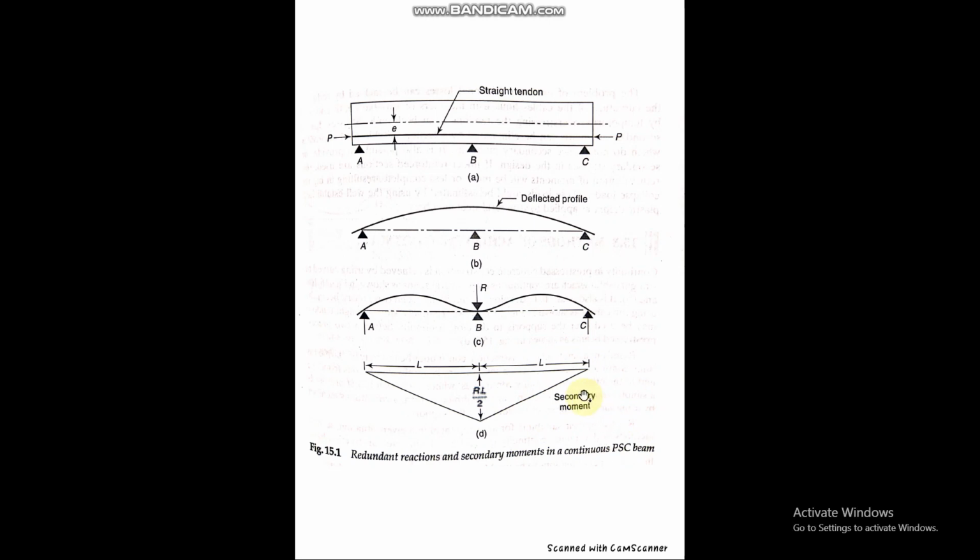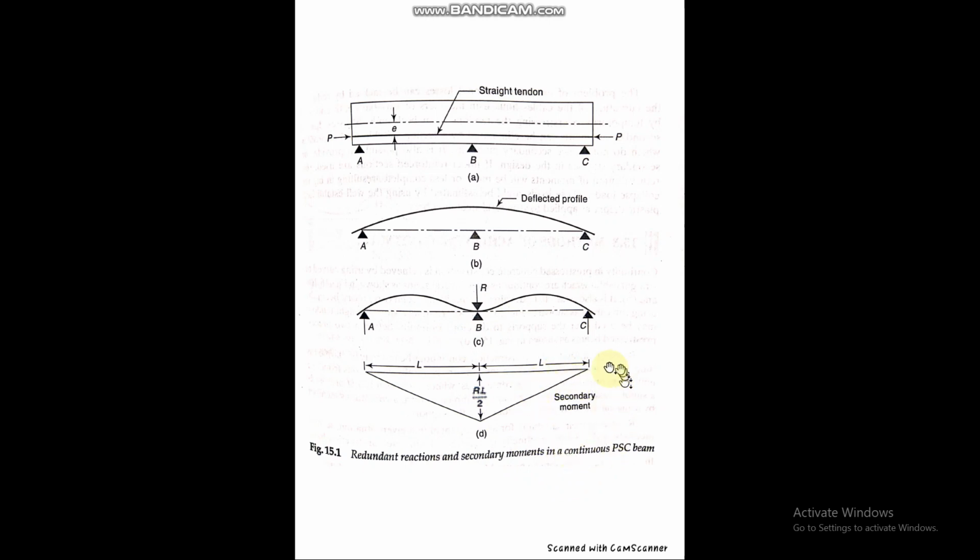So due to the application of prestressing, there is one moment generated initially that we call the primary bending moment. And when my structure becomes indeterminate, due to the added constraint, the added support, there is one additional moment created, which is mentioned here as the secondary moment.